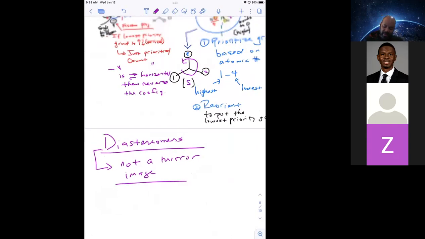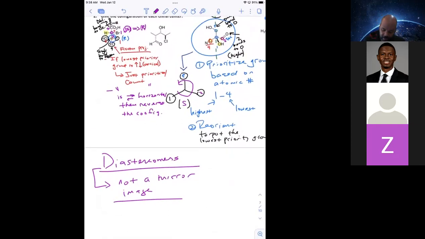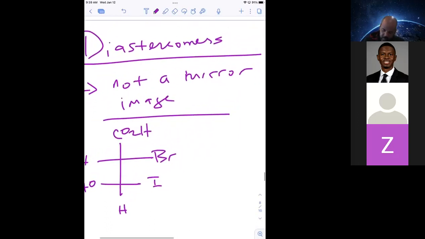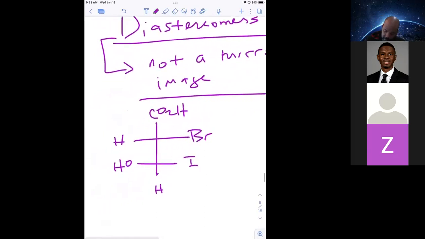All right, let's take that Fischer projection and redraw it. This was bromine, this was hydrogen, this was an acid, this was iodine, hydrogen, and OH. And we said that it's RR.